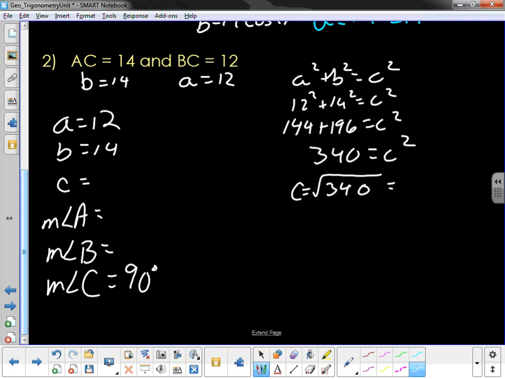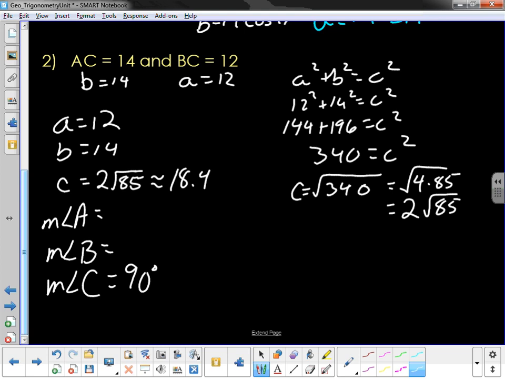So that is 4 times 85. So the exact answer is 2 times the square root of 85. And it's nice to have the exact answer, but we also just wanted the answer to the nearest tenth. So it's approximately 18.4.